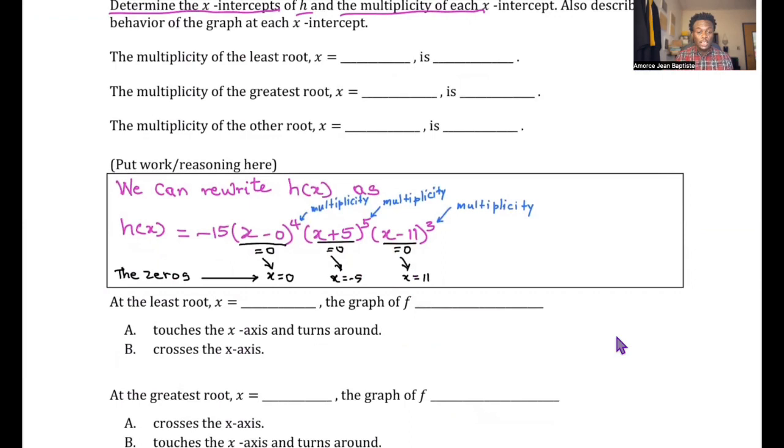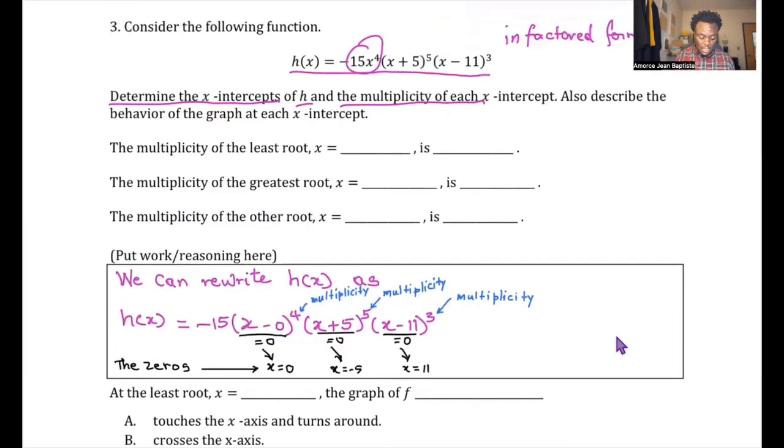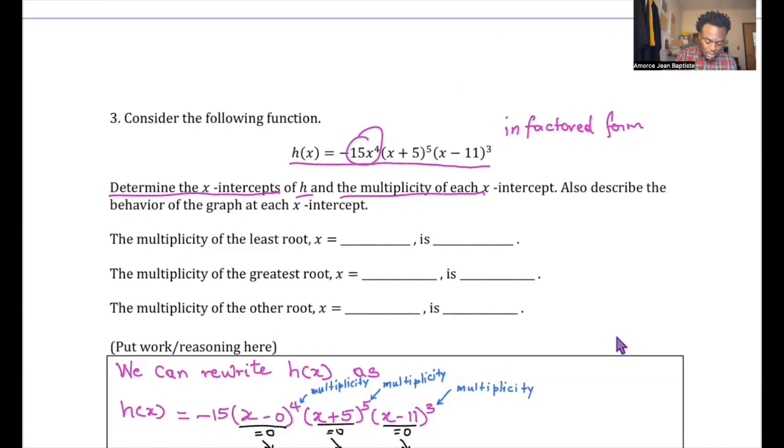Instead of negative 15x, well, basically, if the x has nothing added or subtracted from it, but it's there, that would be a zero, because this part would be 0 if x equals 0.